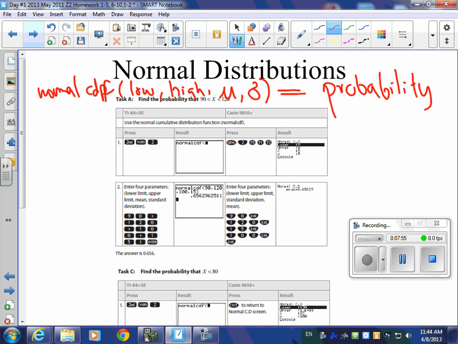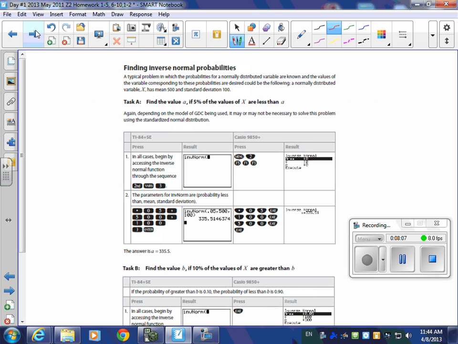Wouldn't it be nice if you could know the probability and then get what the x value is? That would be nice. Well, that's what inverse is. Inverse normal. Inverse normal takes the probability. So you have the probability, let's say it's 0.3, okay?